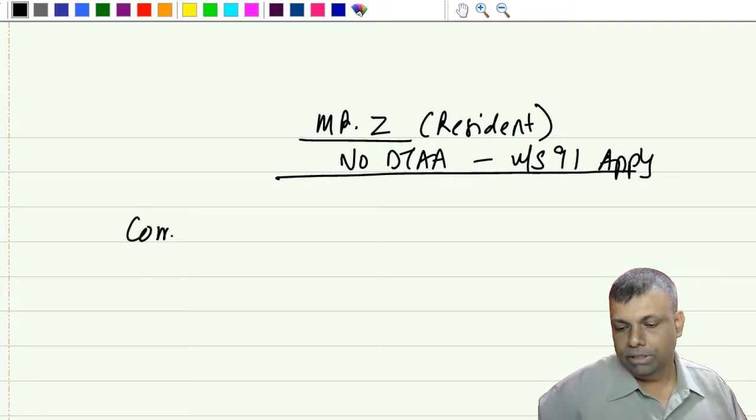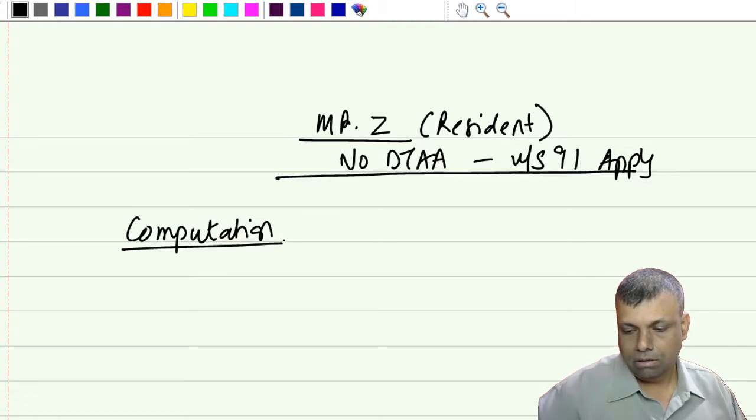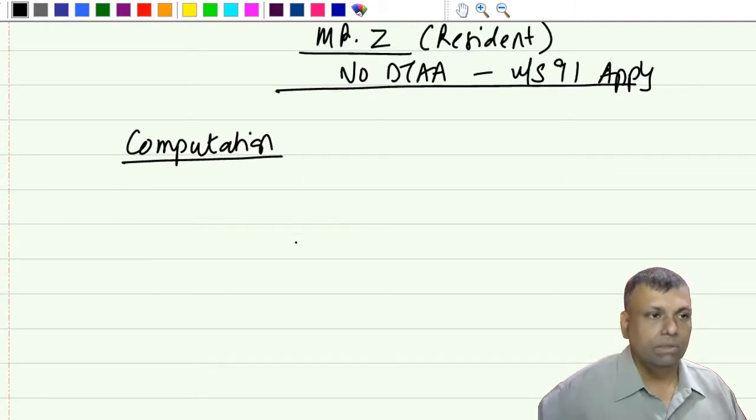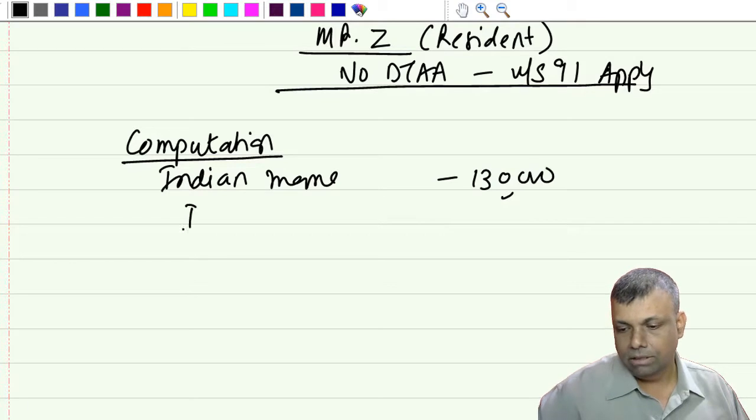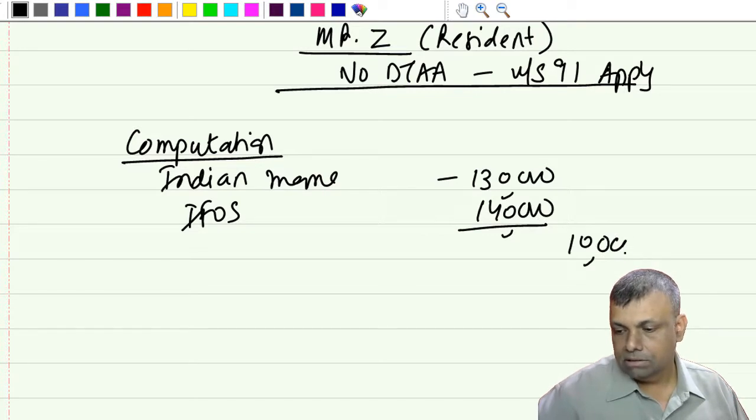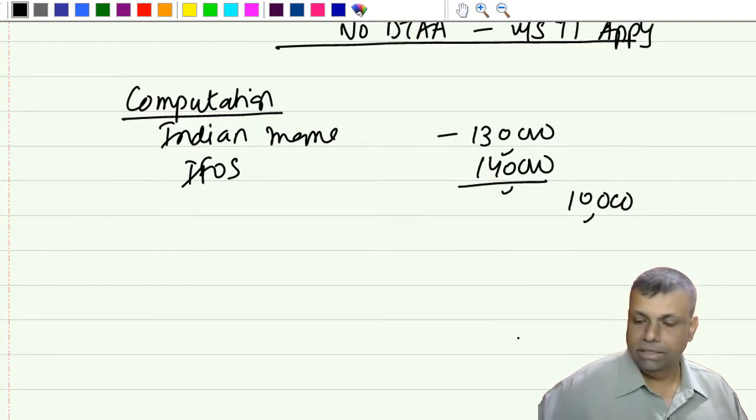Okay, computation. Indian income: business loss is minus 1,30,000, IFOS is 1,40,000, so your net income is 10,000, Indian income.